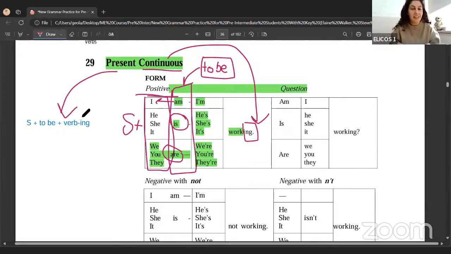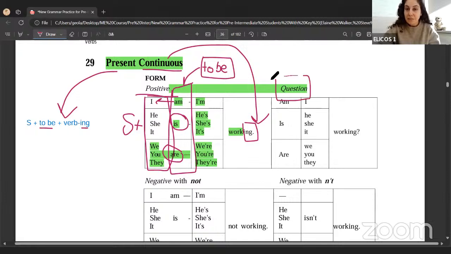So we're still in the present. We're talking about now, what is happening in our life now, but just a different structure. We must follow these rules: subject, am, is, are, depending which one, and then the verb with the ing. So these two are very important.